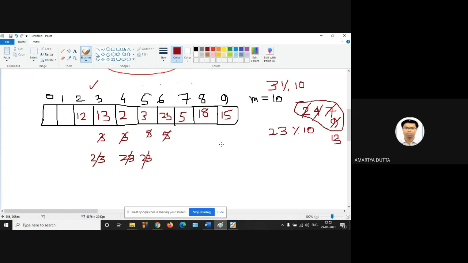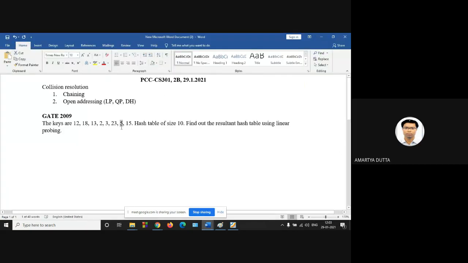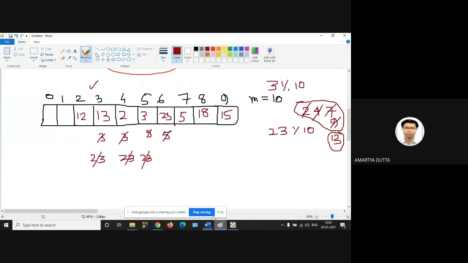Is it clear? The last element, the 15 that we are putting, why was it plus 2? It should be plus 4, right? During the element before 15, that is 5: 5 mod 10 is 5, so at position 5 there is a collision, so shift the 5 linearly.